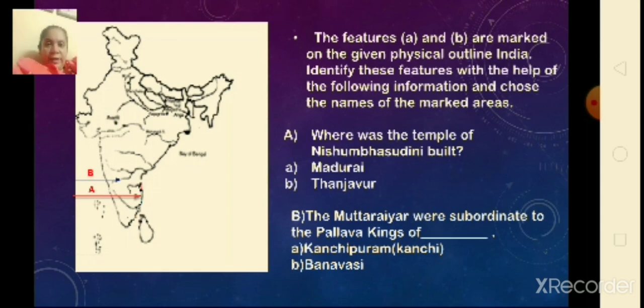But still, if at any point of time I get confused or I've not done the plotting, if I become blank and I've read the chapter properly, then I would know that the Muttarayar were the subordinates to the Pallava kings of Banavasi. So, the answer is Banavasi. Obviously I will select that option.